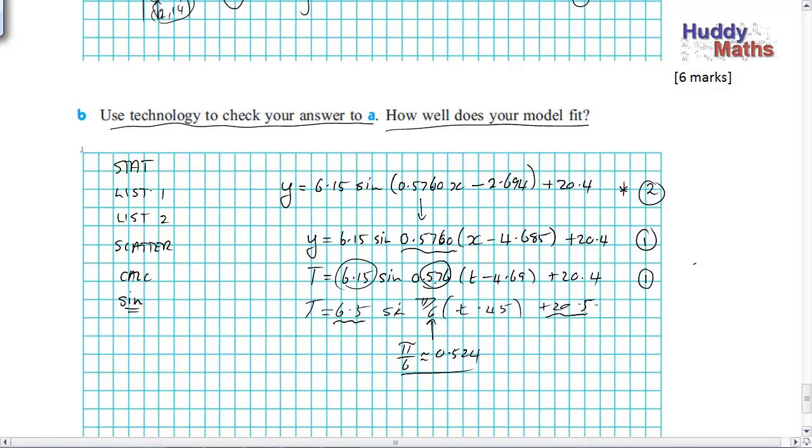Okay, so you'll say the model is a good fit. The difference is going to be this is a regression model.